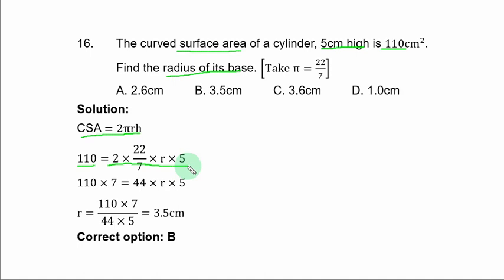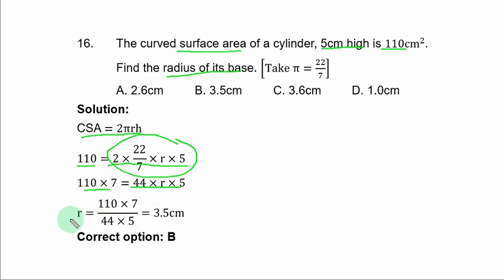You can multiply through by 7 to clear fractions. Notice that everything here is a single term, so you multiply 110 by 7. 2 times 22 is 44 times r times 7. To get r, divide both sides by 44 times 5. 2 times 22 is 44.